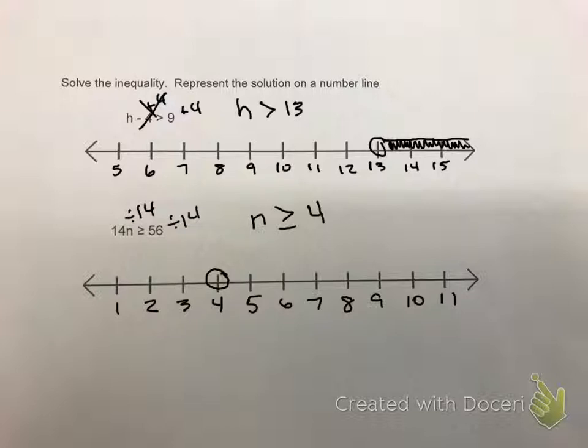And since it's greater than or equal to, we're shading everything in this direction. And then we're going to shade in the dot at 4 because it's greater than or equal to, meaning it includes 4.